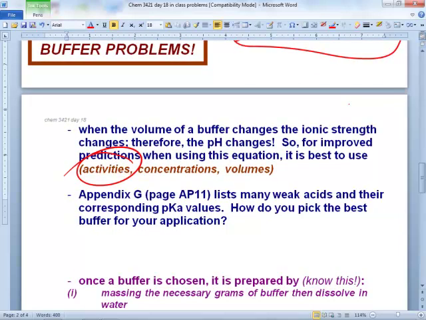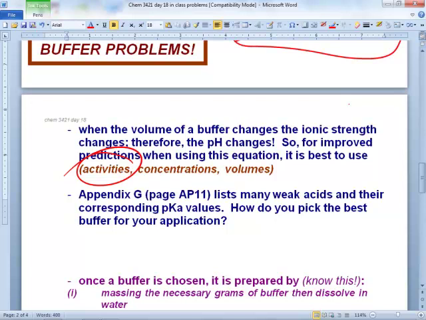How do you pick a buffer? Well, what pH do you want? 8.5. Maybe that's where this chemical process works the best, or that's where the container doesn't deteriorate. I don't know. You want the pH to stay there. Well, you go down that list and find a buffer that has a pKa closest to 8.5.